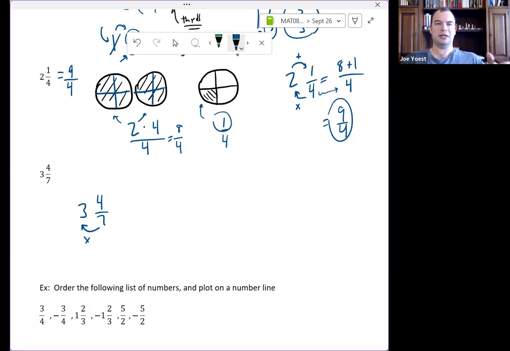That's going to give me 7 times 3 or 21 slices made out of those 3 whole pizzas. And then I have 4 extra slices of size 1/7 sitting off to the side that I need to account for as well. 7 3s are 21, plus 4 is 25. What size are all of these slices now? 1/7 of a pizza.